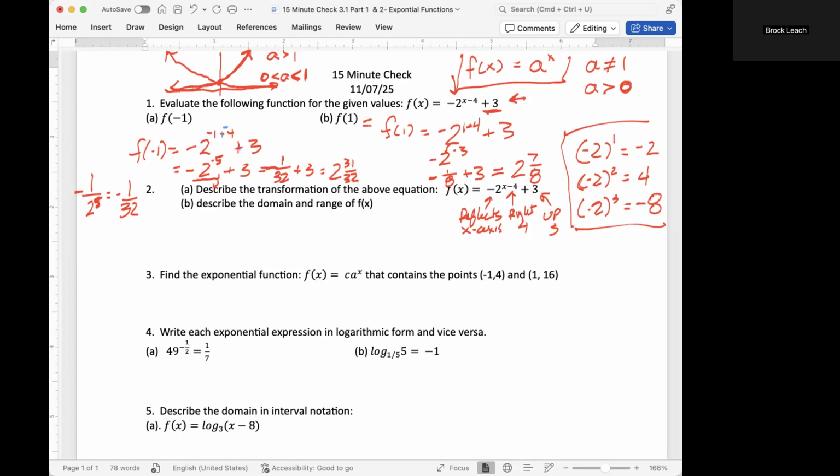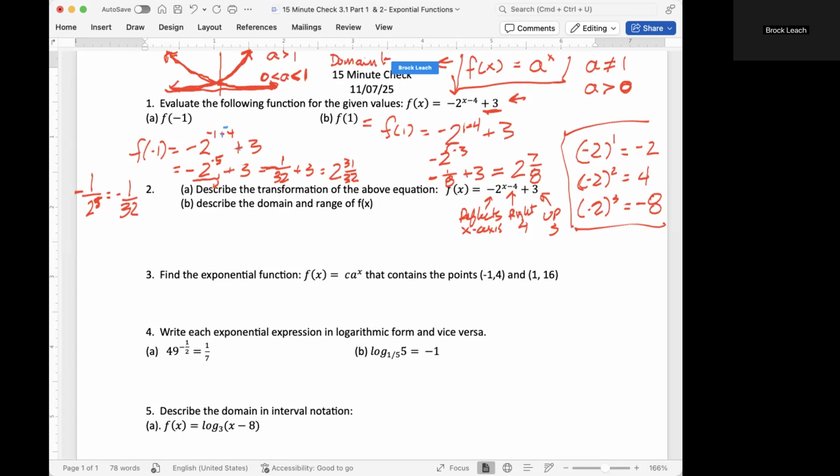And when we talk about the domain of the general equation here, domain is what we're allowed to plug in. As we look at the graph, you can see whether it's exponential growth or exponential decay, we're using every x value along the line there.